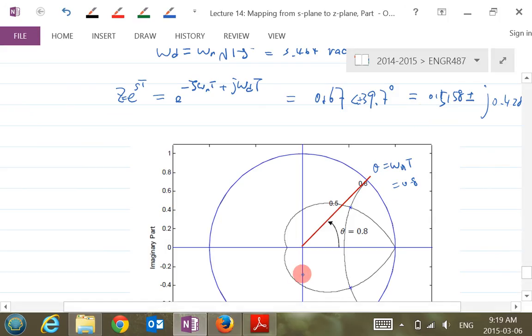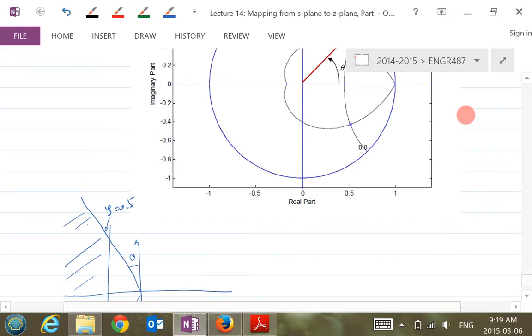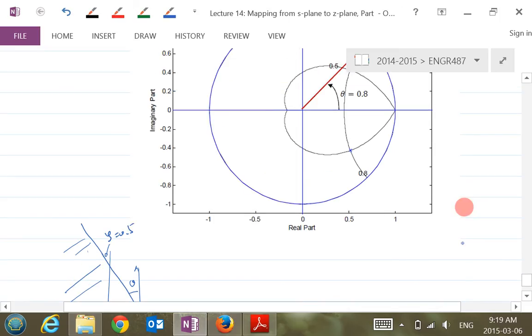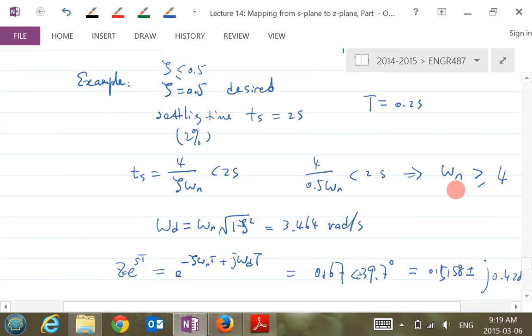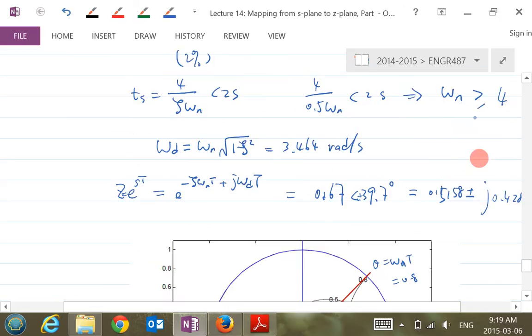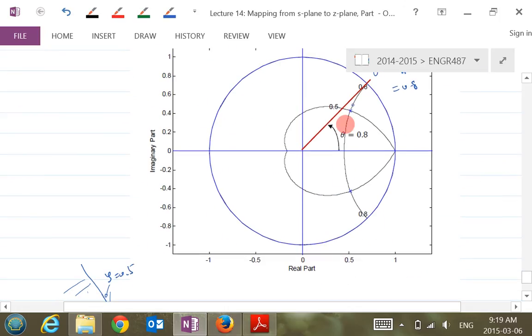At the same time, you want the settling time to be there. The settling time to be there actually means, as we derived, omega n to be greater than 4. So what is omega n equal to 4? This is omega n equal to 4, right? You want your omega n to be greater than 4.